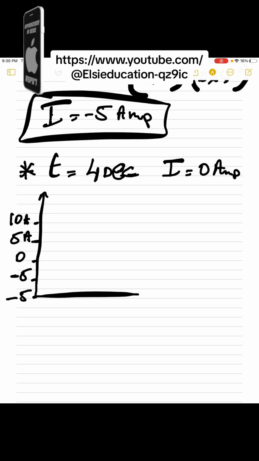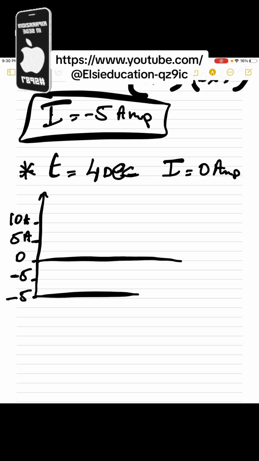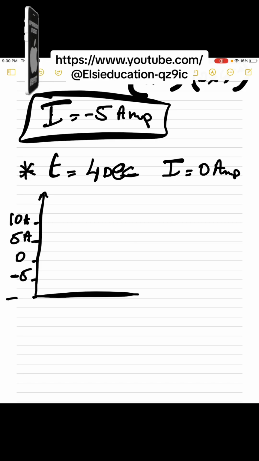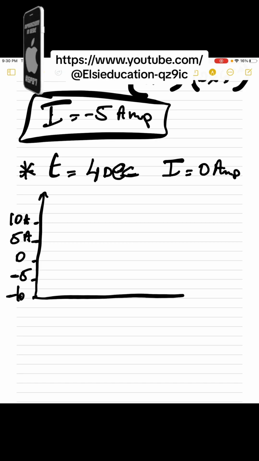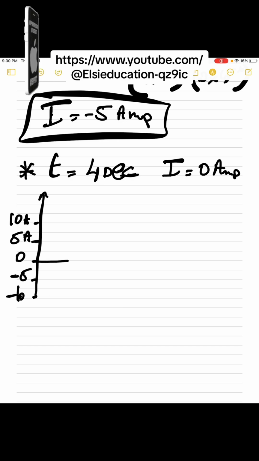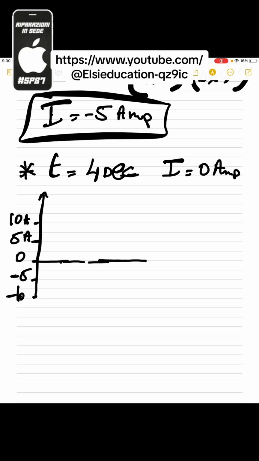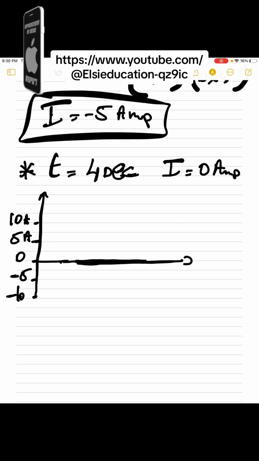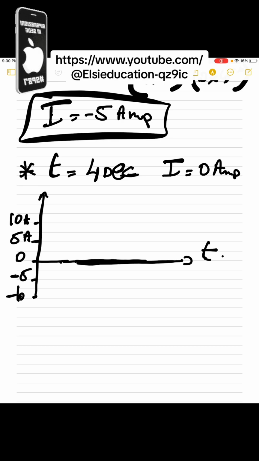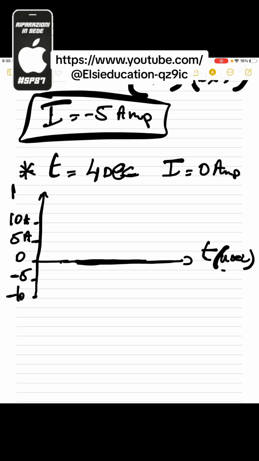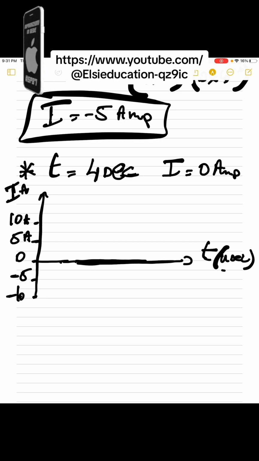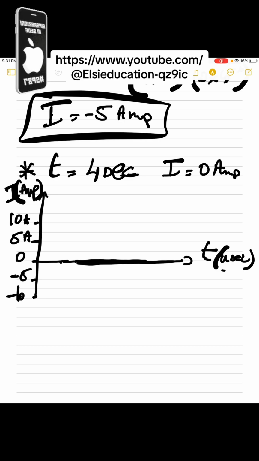minus 10 amp. This is the time in microseconds, and this side is current.